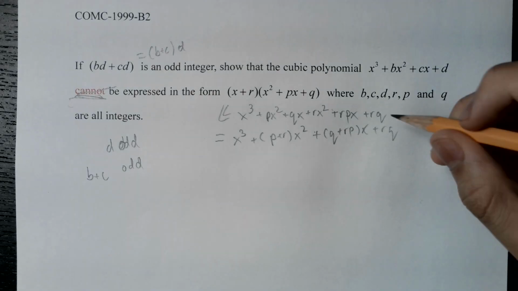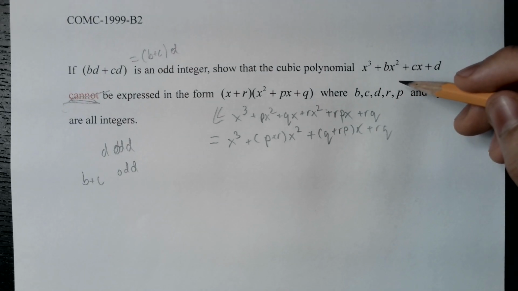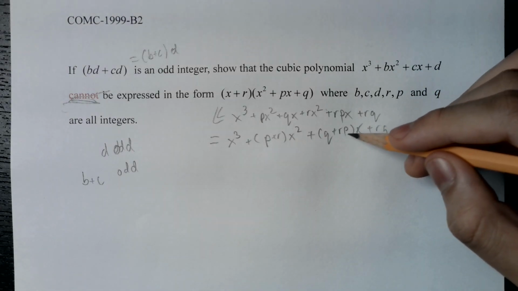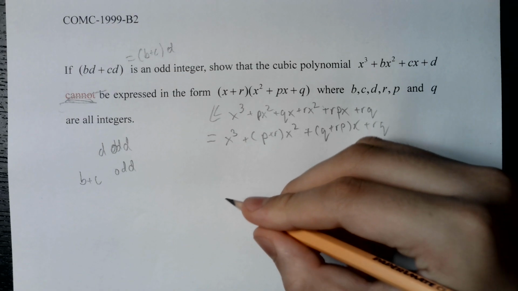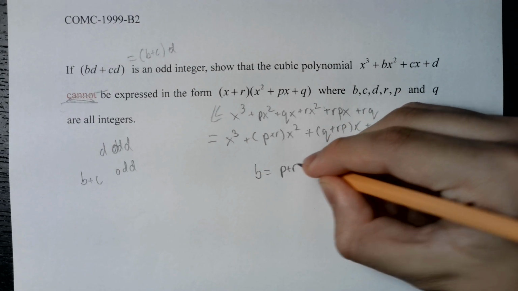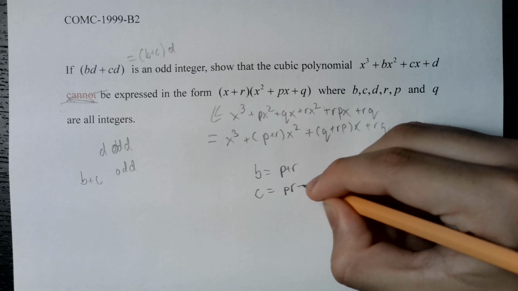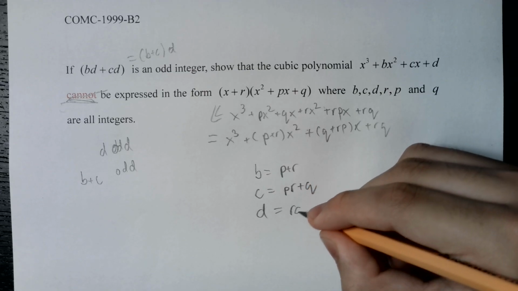And you will see here, this relates directly to a cubic polynomial. As you can see here, b would be p plus r, c would be q plus rp, and d would just be equal to rq. So this means b equals p plus r, c equals pr plus q, and d is going to be equal to rq.